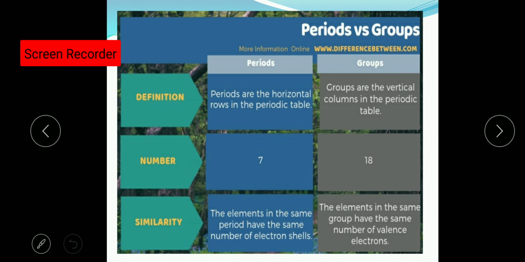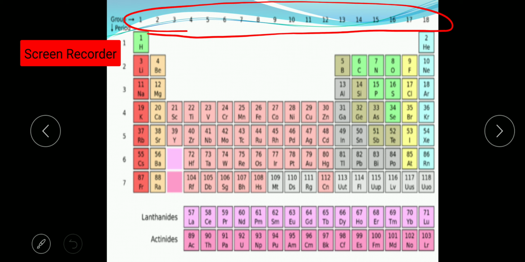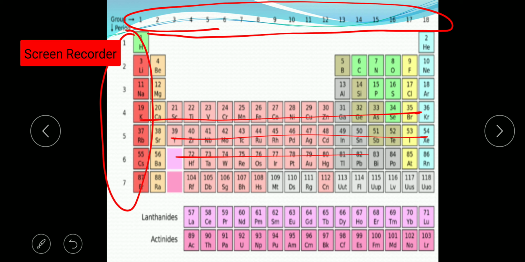Now we have to see the periodic table. You see here, there are 18 groups and 7 periods. Horizontal rows are known as periods, and vertical columns are known as groups.